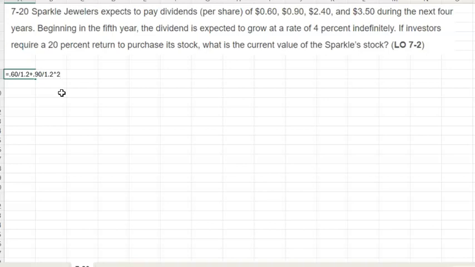Then $2.40 divided by 1.2 cubed, but you need the caret. Plus 3.50 divided by R minus G, so 0.2 minus 0.04, and then divided by 1.2 cubed, and you should get $15.17.